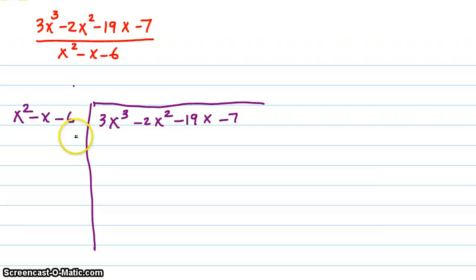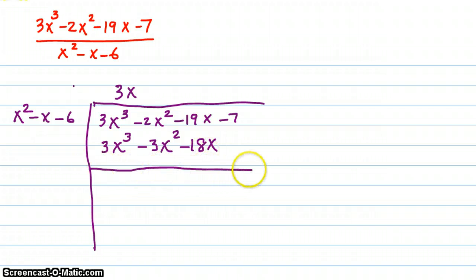x squared goes into 3x cubed 3x times. Since my objective is to eliminate these higher degree terms, that's the first thing I'm going to do. When I multiply this bottom polynomial with 3x, I get 3x cubed minus 3x squared minus 18x.